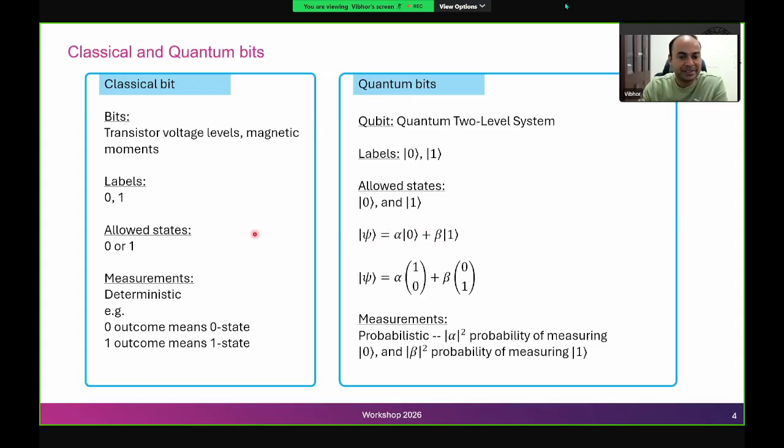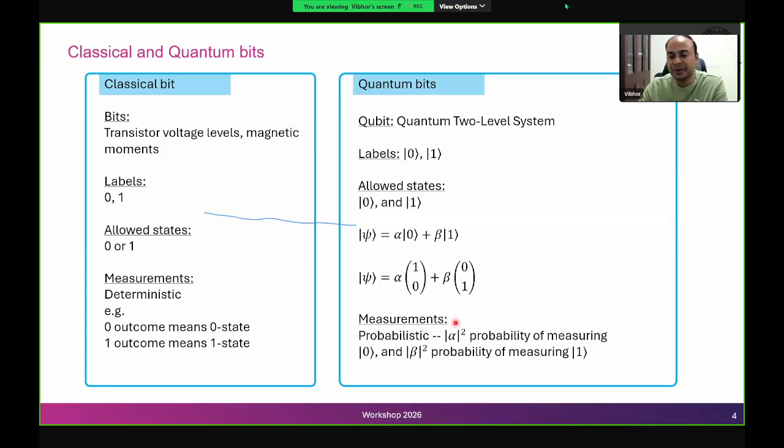Remarkably, it's very different from what we just said about the classical bit. Here, the allowed states were just 2, 0 and 1. Here we have a very large possibility of allowed states. So these 0 and 1 are just labels in some sense. You can form a linear algebra with them by using vectors to represent these states 0 and 1.